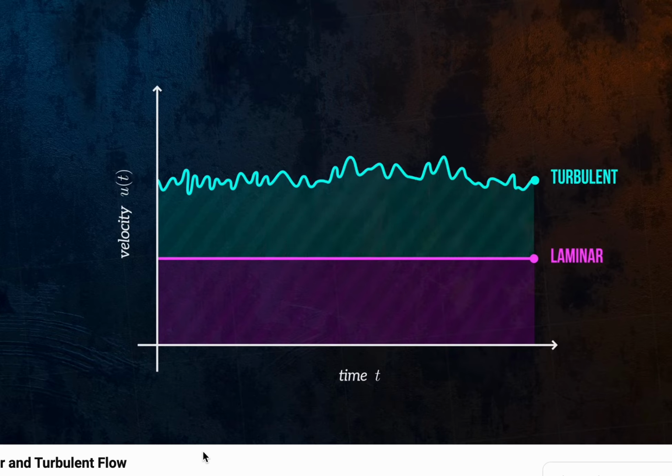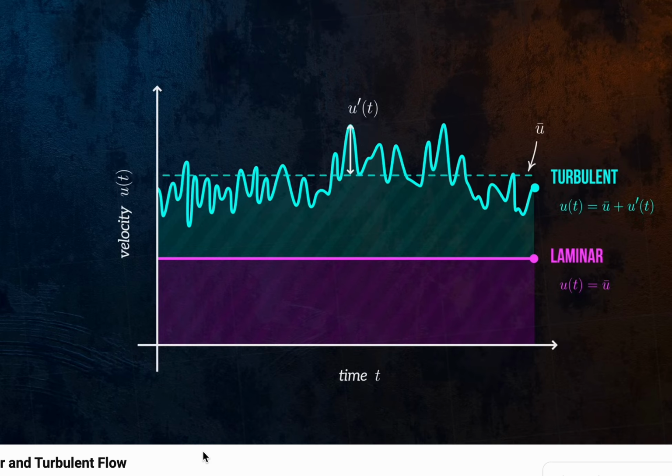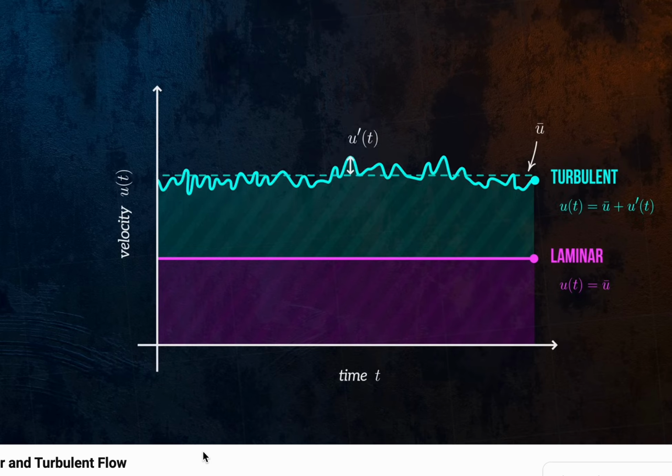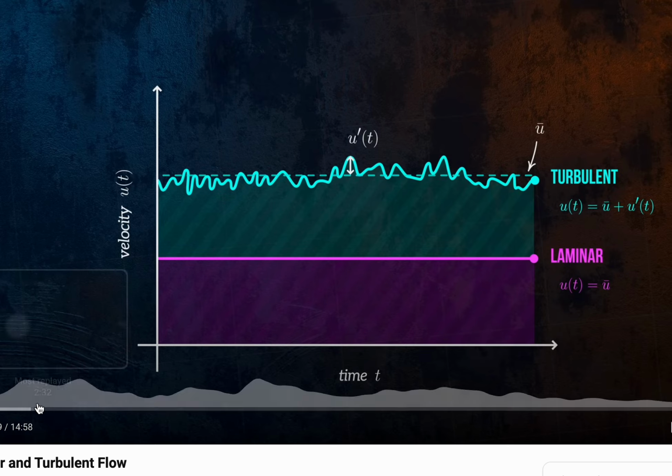We can think of the velocity as being made up of a time-averaged component and a fluctuating component. The larger the fluctuating component, the more turbulent the flow. Because of its chaotic nature, analysis of turbulent flow is very complex.